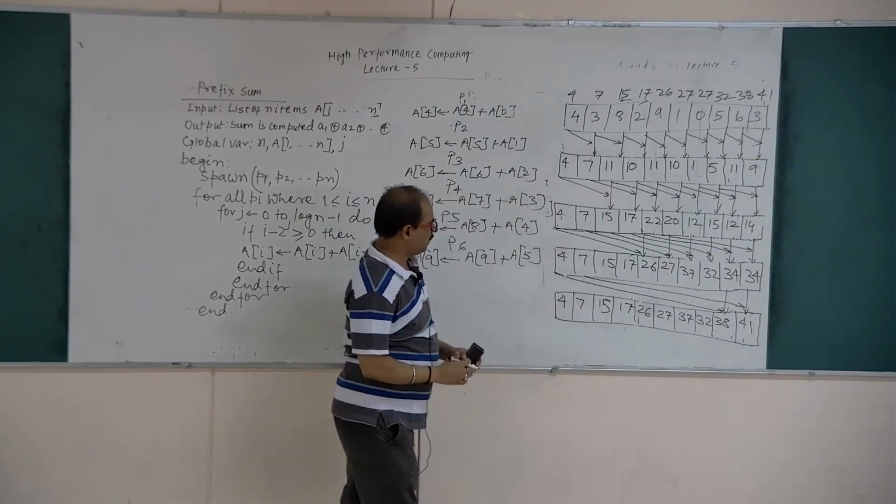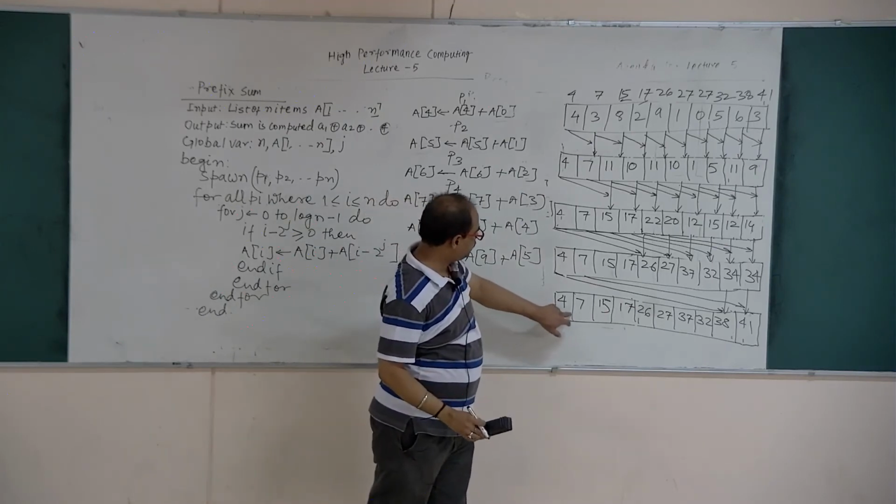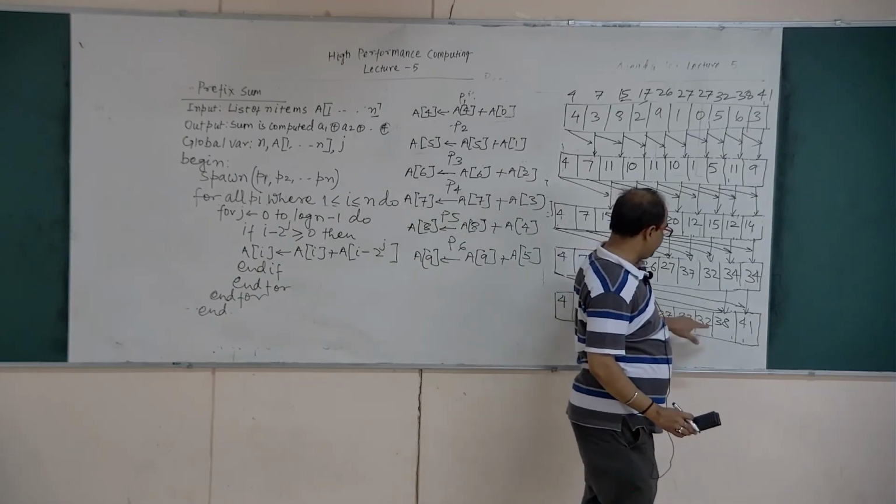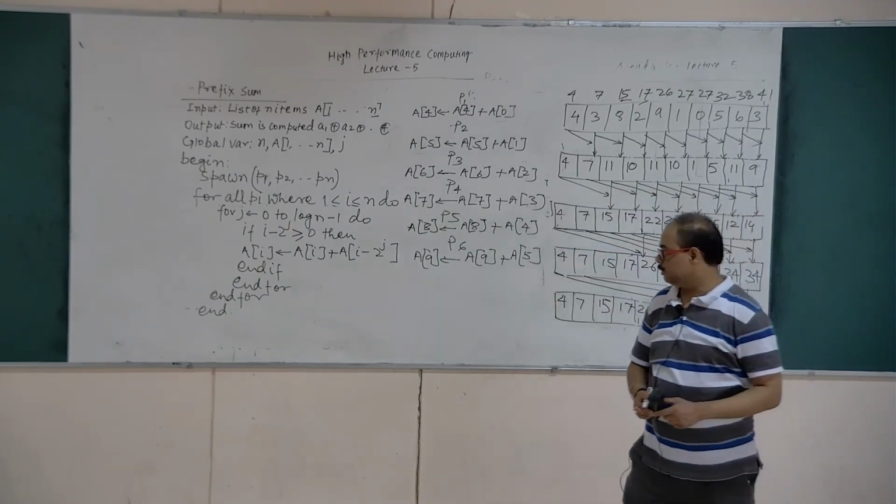So at the last location you can match all these values, 4, 7, 15, 17, 26, 27, 37, 32, 38, 41. So you can see.